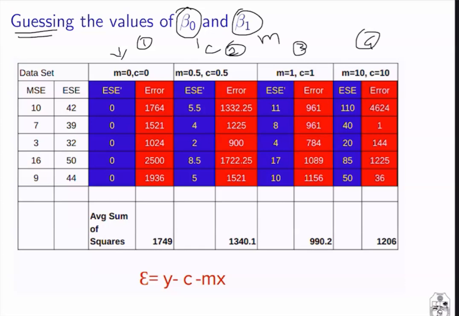So, in the first iteration, I am guessing the values of beta 0 and beta 1, which are nothing but the m and the c, as equal to 0. When the values of beta 0 and beta 1 are guessed as 0, then the equation y equals mx plus c becomes x multiplied by 0 plus 0, which is nothing but 0. So the value of y, or the predicted end semester marks, becomes 0 for all data points.